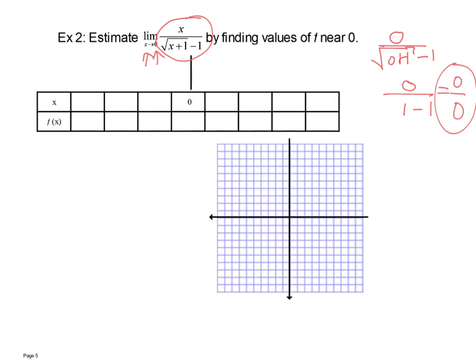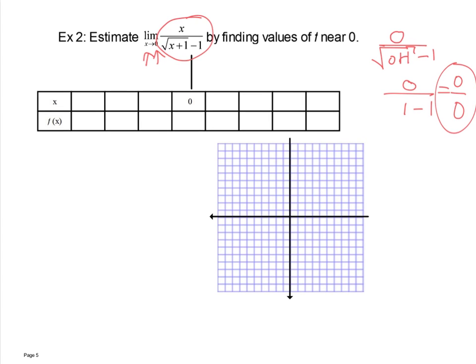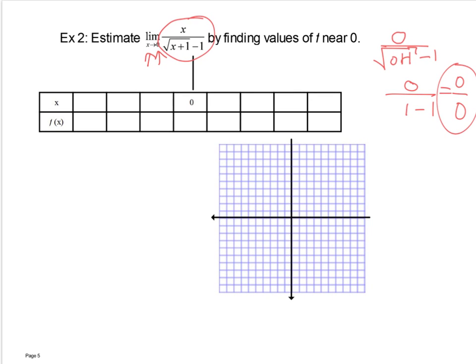Right, so we need to choose some numbers, values near 0. 0.1 is near 0. I'm going to put it over on the right because it is to the right of 0. And negative 0.1 is near 0, and that would mean our delta, our distance away from our c value, the value we're trying to get near, is 0.1.